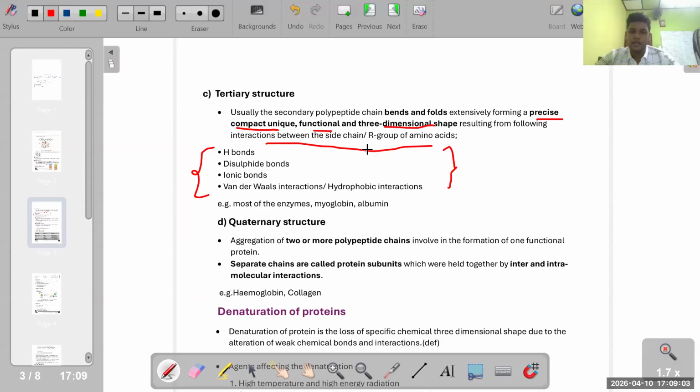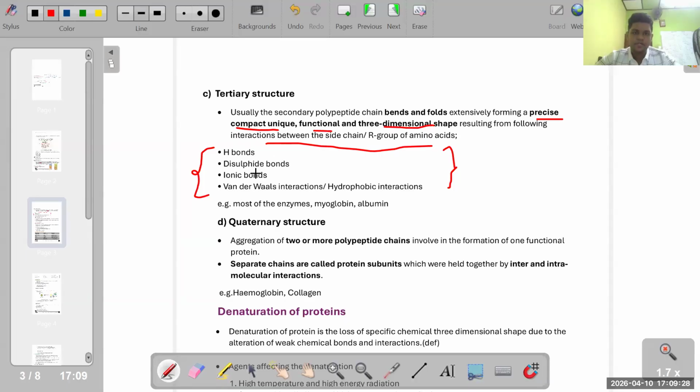It varies. They are not constant. So as it changes from amino acid to amino acid, depending on the R group, these bonds also vary. Can you understand? It is not fixed. So there is no fixed type of bond that can form.